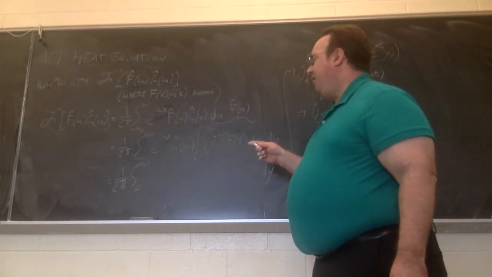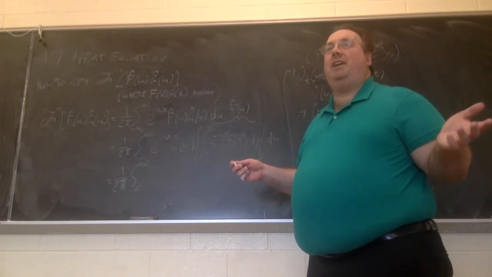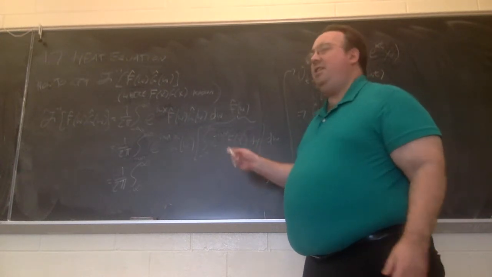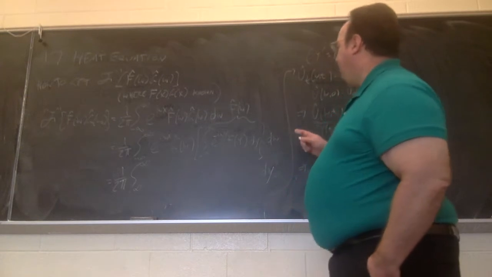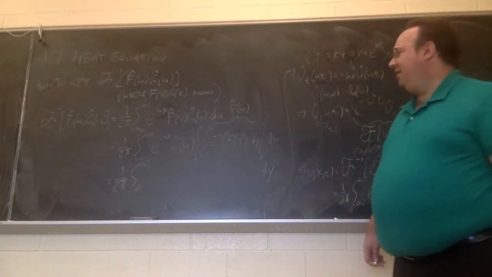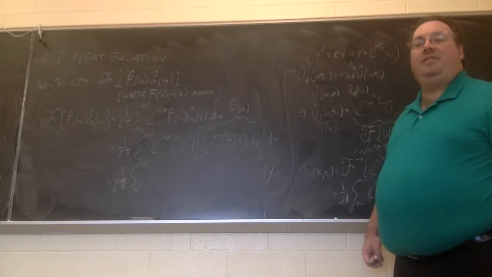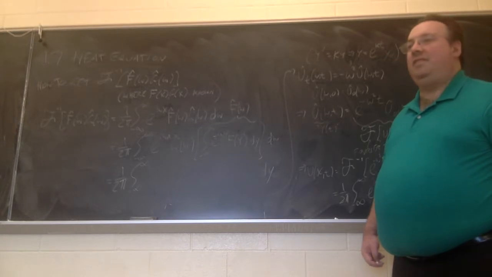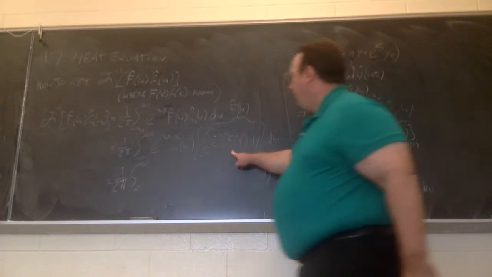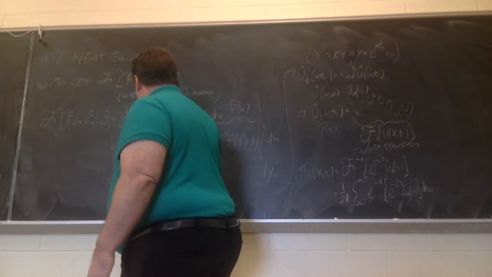So that means that anything that is independent of omega, I can put out here. What in here is independent of omega? Not much, but what is? f. So I'll go ahead and fill in f.